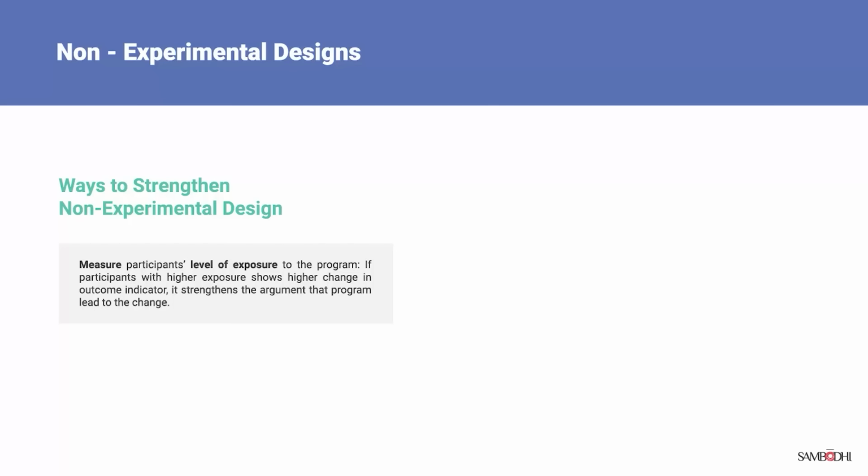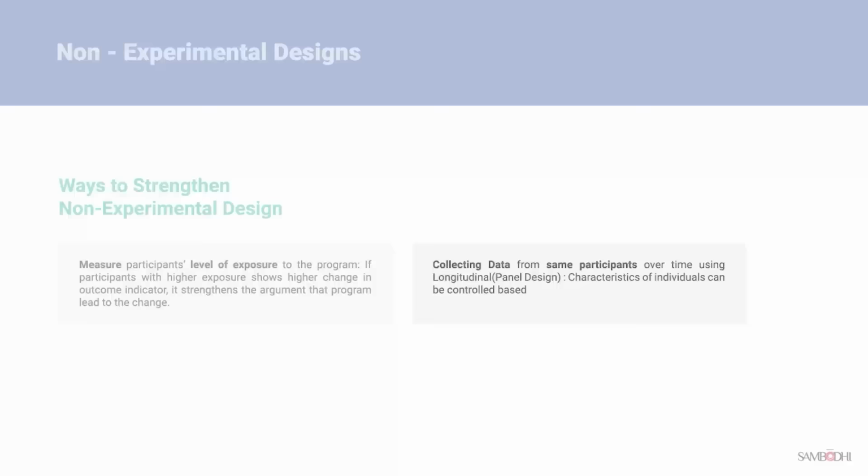Therefore, it is important to control the variables statistically to accurately measure the variables of interest. One can collect data from the same participants over time using the longitudinal study. Here, the characteristics of the individuals can be controlled based on real time, while eliminating the risk of recall bias and allowing an insight into cause and effect relationships.